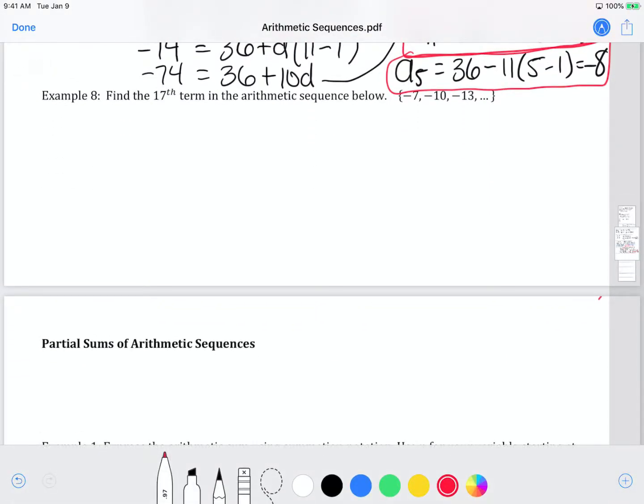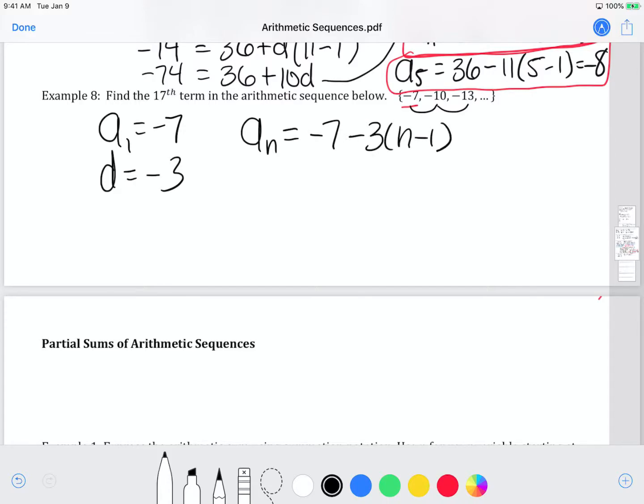Okay, last example, example 8, it says find the 17th term in the arithmetic sequence below. They give us that A1 is -7, that's our first term. And then the common difference, if you notice, I keep adding a -3 to that. It keeps going down by 3. So my nth term is going to be -7 minus 3 times n minus 1.